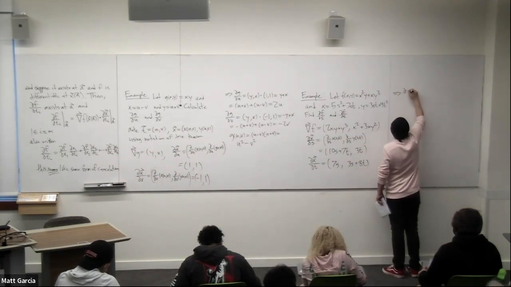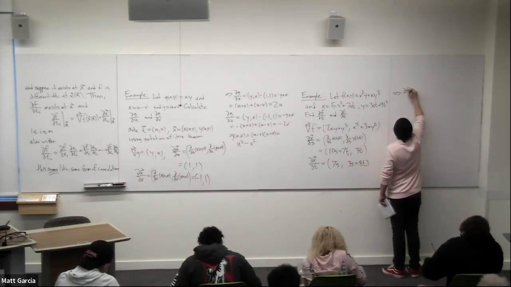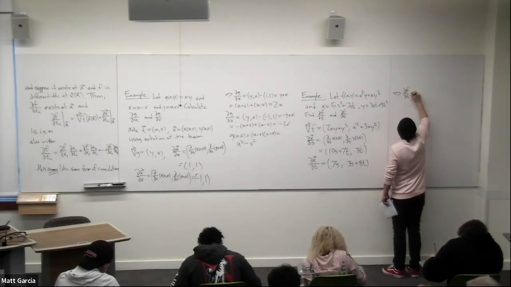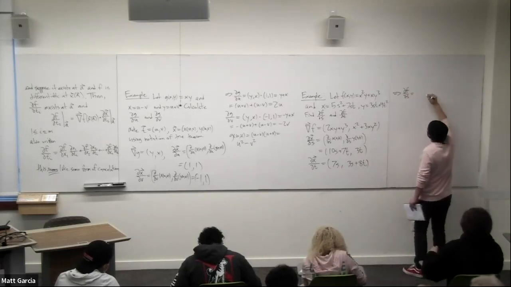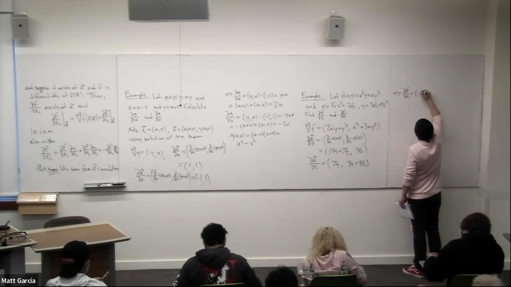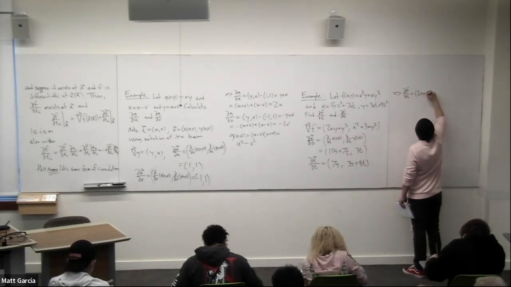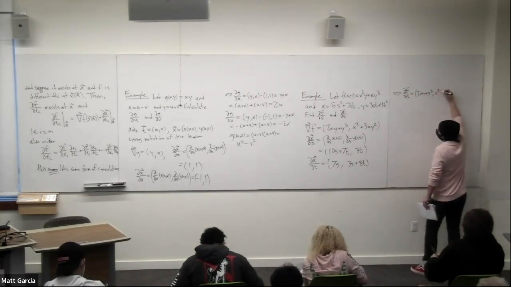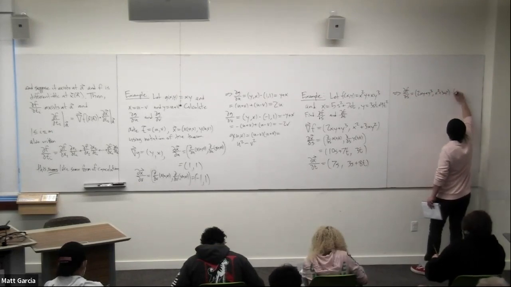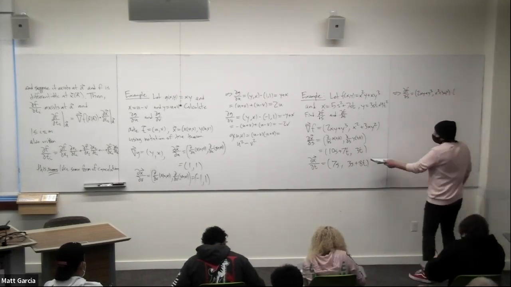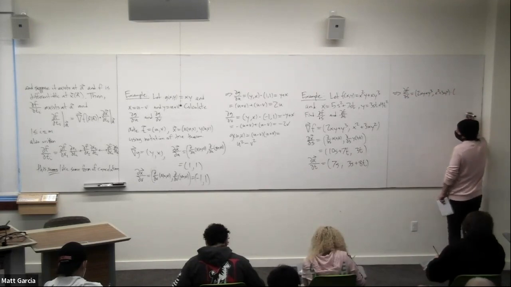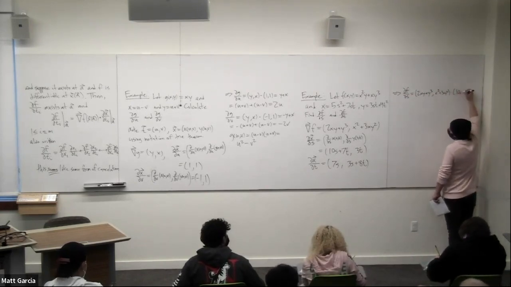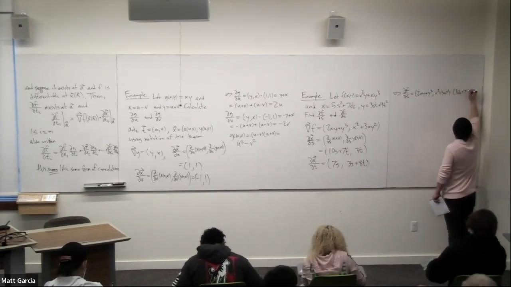The partial derivative of f with respect to s is the gradient of f, (2xy plus y cubed, x squared plus 3xy squared), dotted with dx hat ds, (10s plus 7t, 3t).